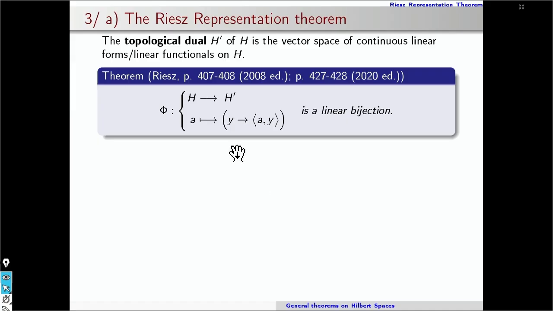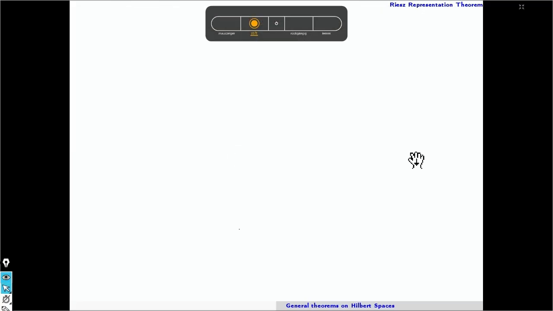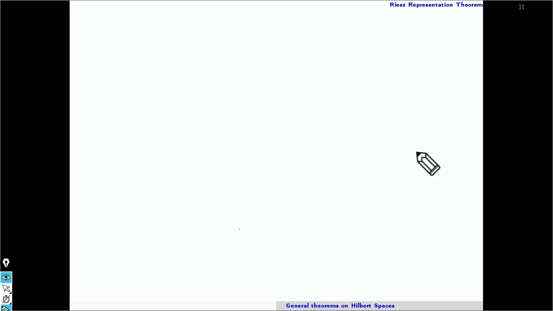So let me now start a rather long aside on duality that you may skip. We start with the most simple case of a finite dimensional space E with a basis e_1, ..., e_n. We define the dual basis B star of linear forms.